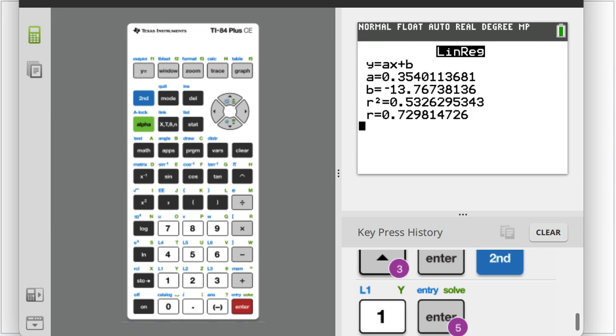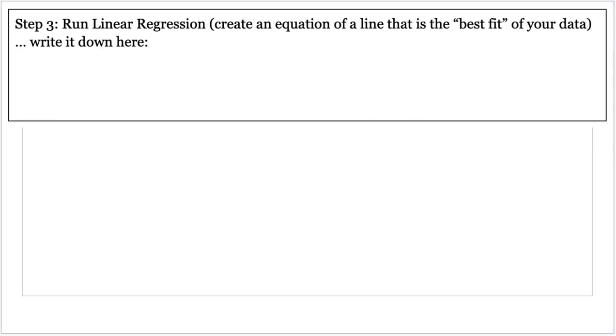So for this set of data, I do have a linear equation, a line of best fit, if you will. That's going to be represented by y equals 0.354x minus 13.7673.